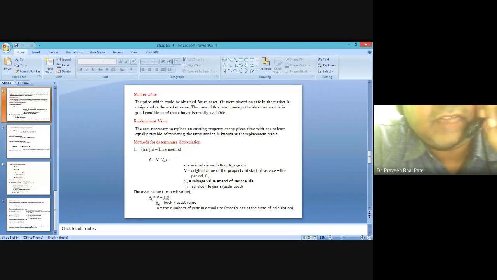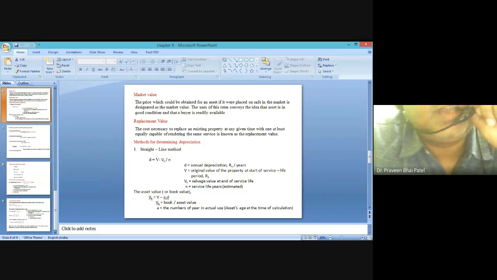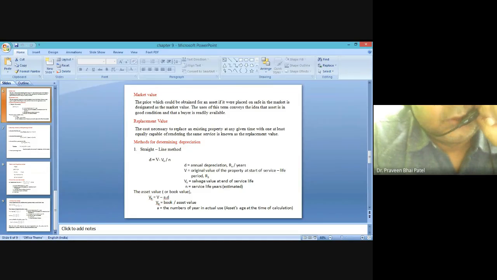of the service life. So whatever service that particular product, that particular instrument, has given in its life span of 10 years, as I have taken the example of 10 years. If that product has given a service period of 10 years, whatever value is left of that product after 10 years is the salvage value, and n is the number of service life years.